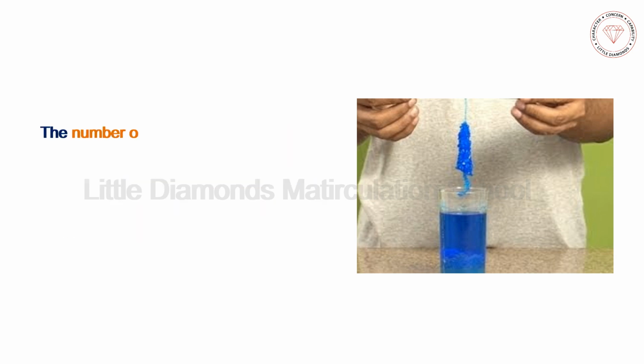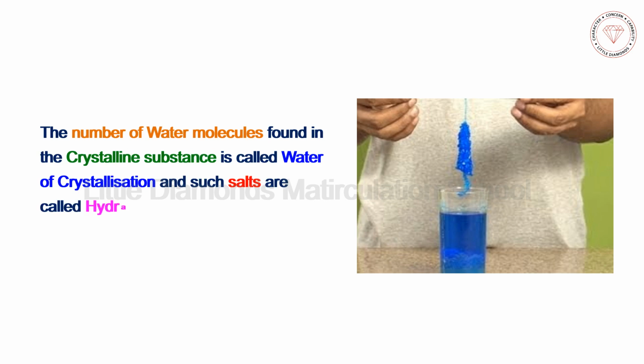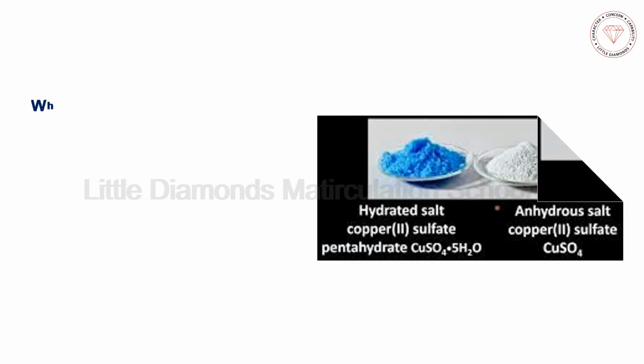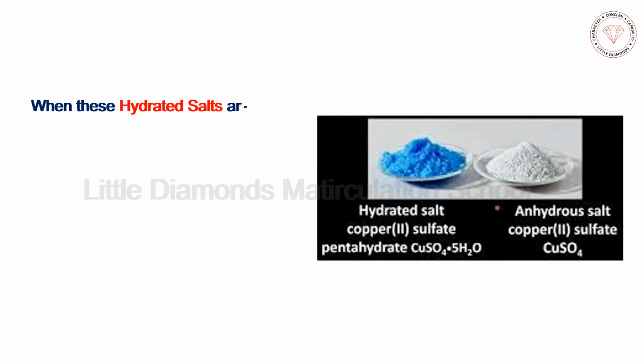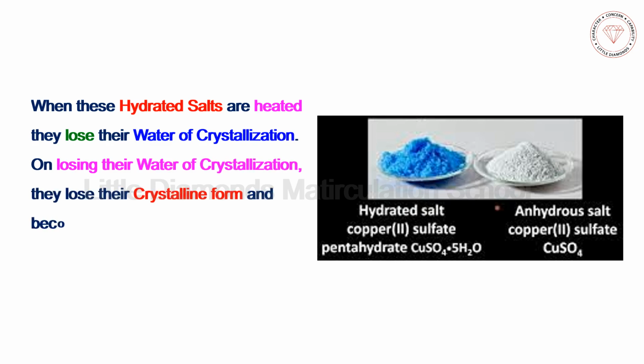The number of water molecules found in the crystalline substance is called water of crystallization, and such salts are called hydrated salts. When these hydrated salts are heated, they lose their water of crystallization. On losing their water of crystallization, they lose their crystalline form and become a powder, an amorphous form.